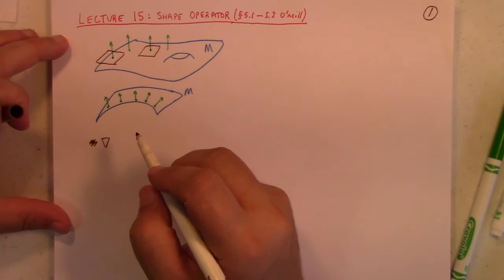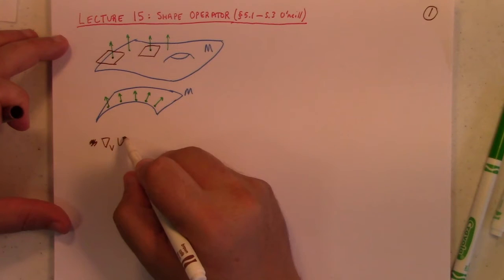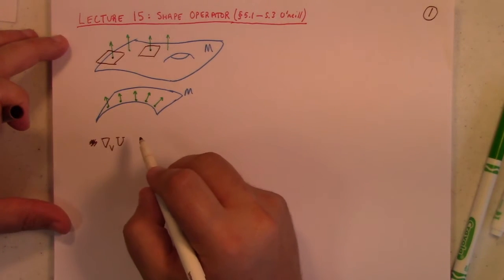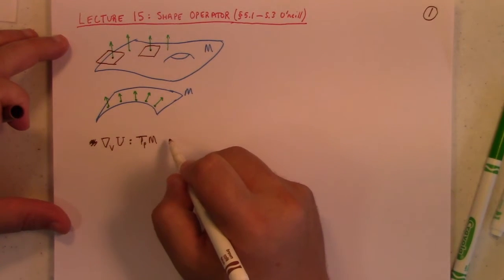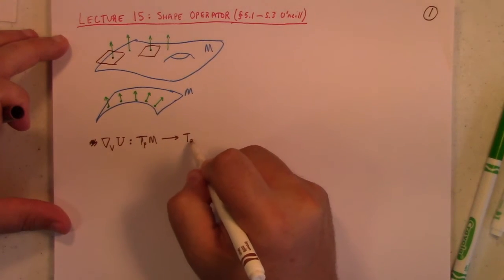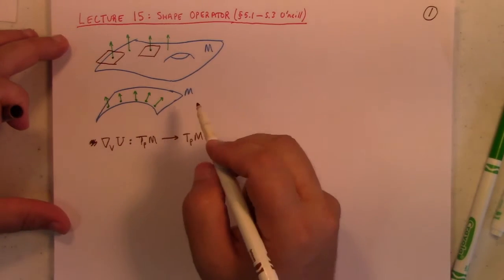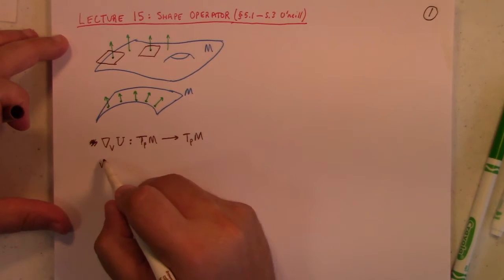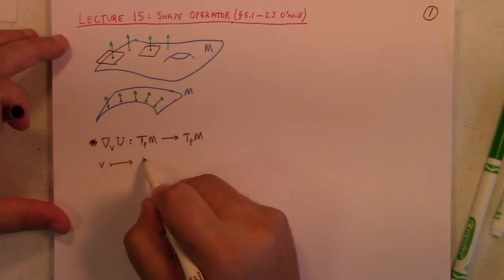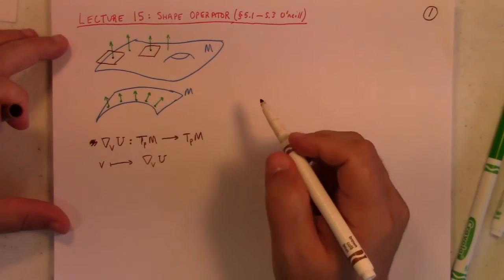If we study the operator, the covariant derivative in the direction v of the unit normal u, then this naturally defines a mapping from the tangent space at P of M to the tangent space at P of M. So we're sending v to the covariant derivative in the v direction of the unit vector field u. Okay, that's the mapping, to be clear.